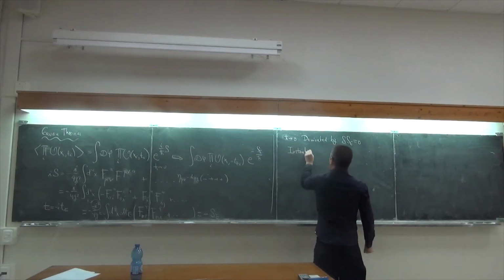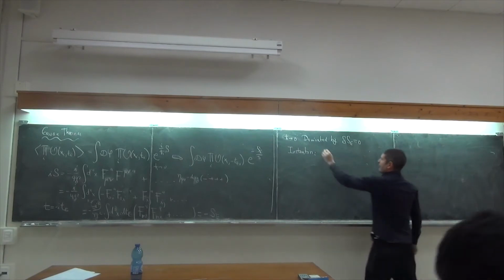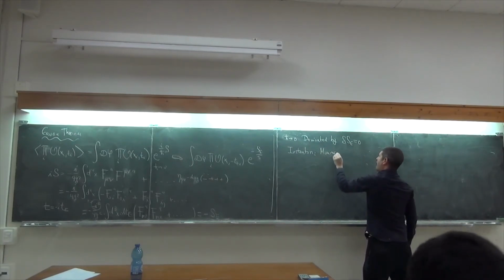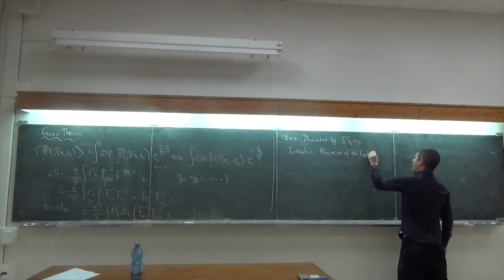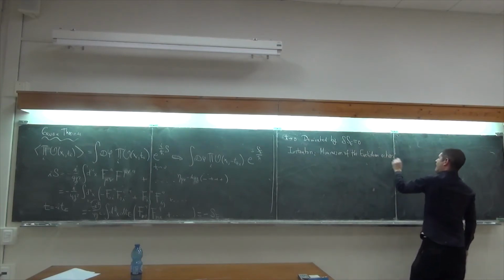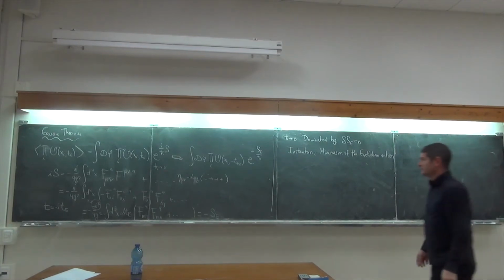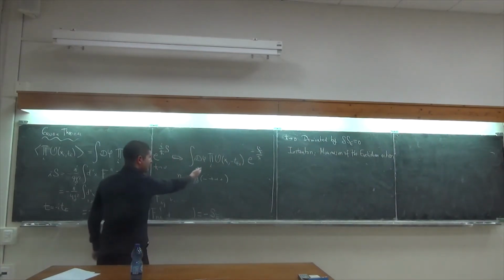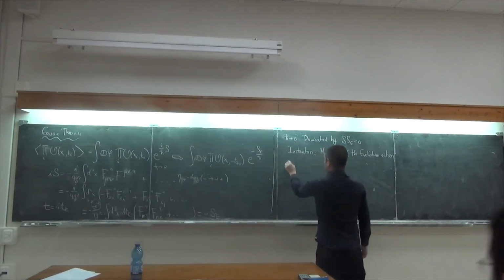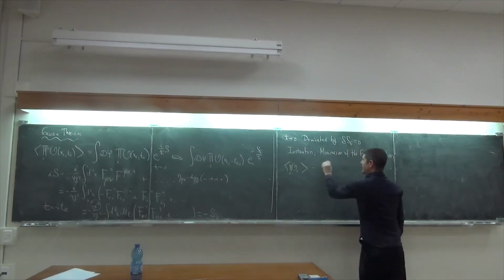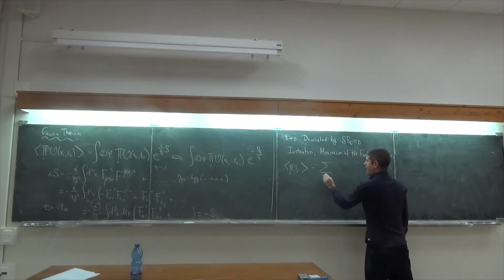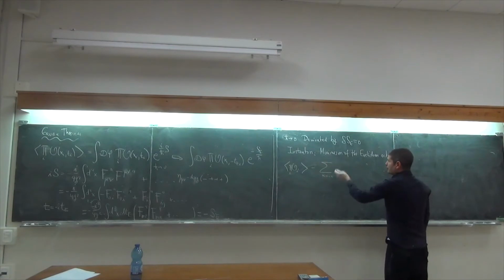an instanton. Instanton is the minimum of the Euclidean action, and then these correlators will be a sum over the minima of something, some exponential to the minus the action evaluated at the minimum.